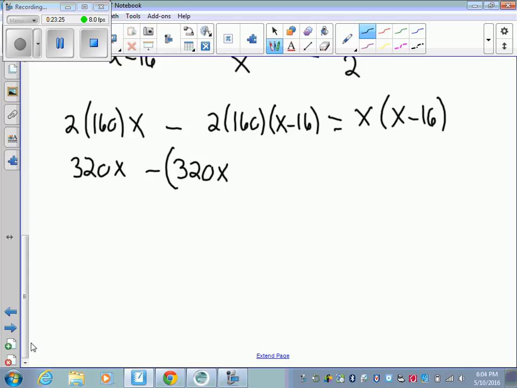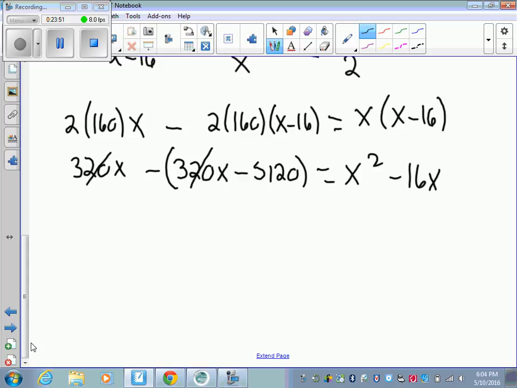This is going to be 320 times X, and then you would also do 320 times negative 16, which would be negative 5,120, is equal to X squared minus 16X. Let's simplify this a little bit. 320X minus 320X, those will cancel each other out.